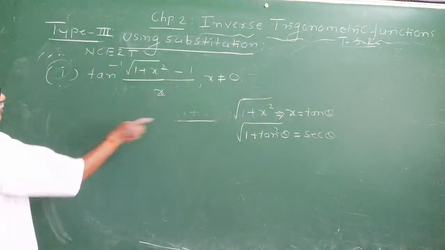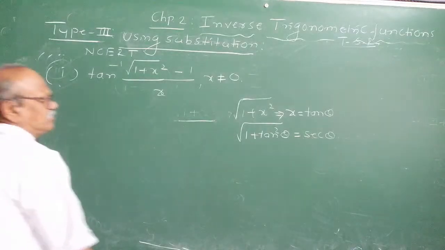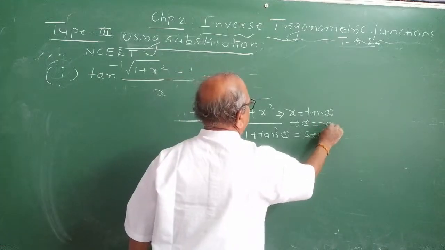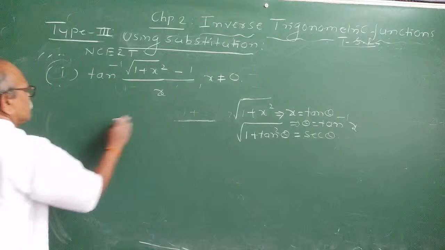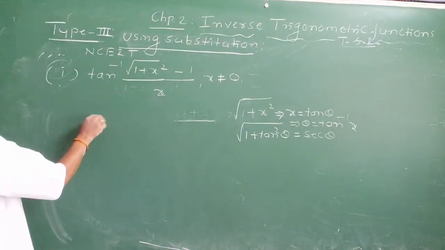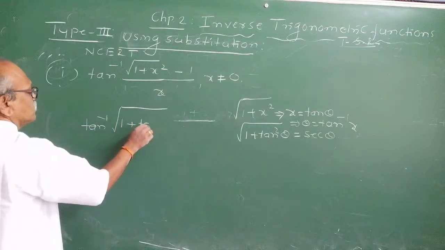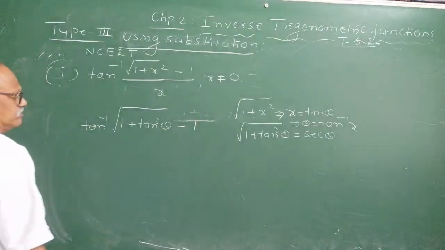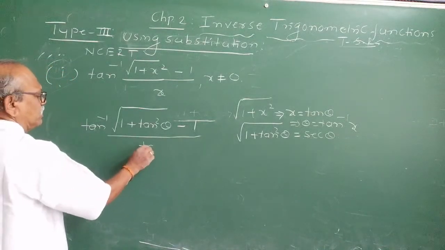Now let me put x equals tan theta, so that theta becomes equal to tan inverse x. At the end, you have to express it in the form of tan inverse x. Let us try this. Tan inverse of (root of 1 plus tan square theta, minus 1) divided by tan theta.